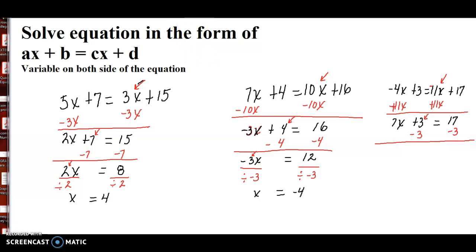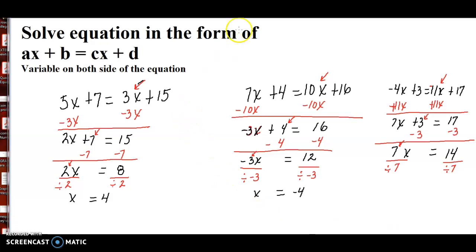When I subtract 3 from both sides of the equation, I'll get 7x is equal to 14. Now I need to get rid of the 7 here. The only way I can get rid of that 7, I need to divide both sides by 7.